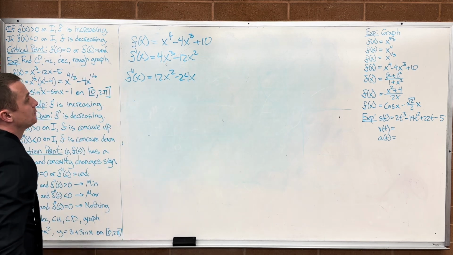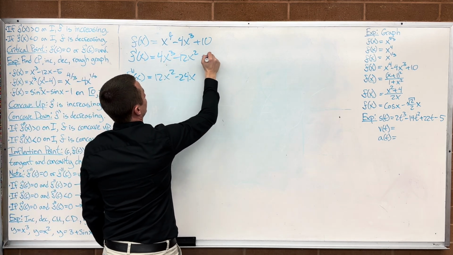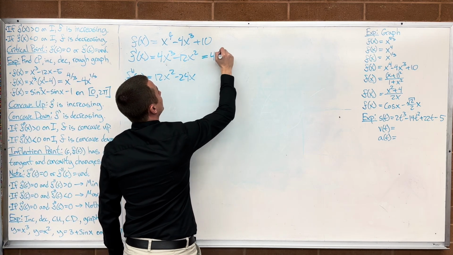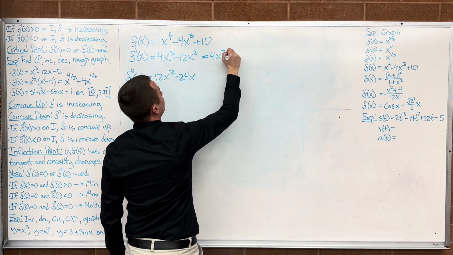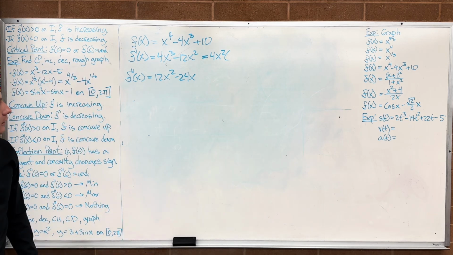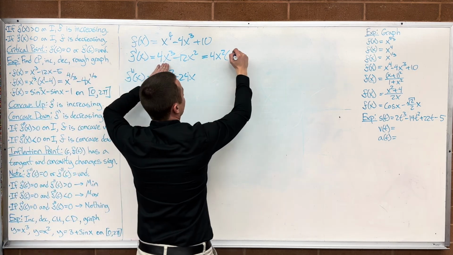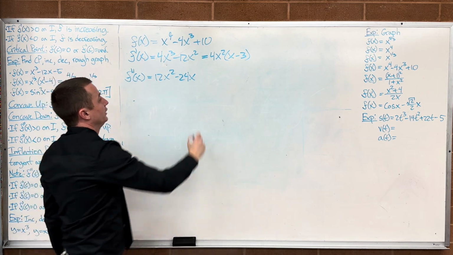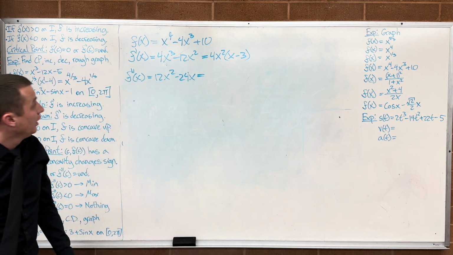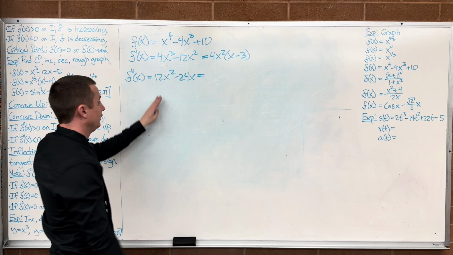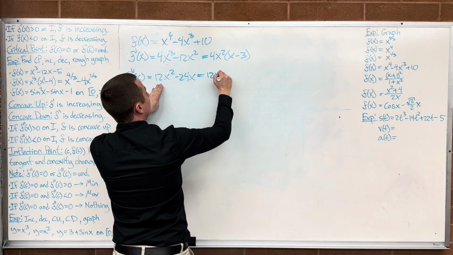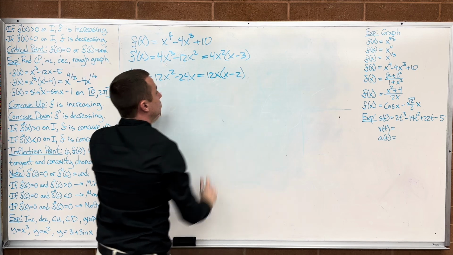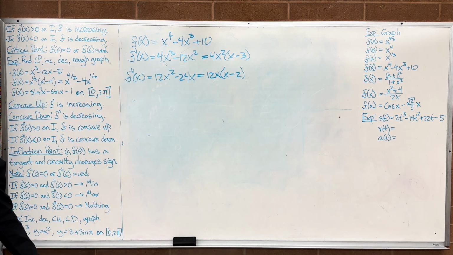Let's factor these really quick. I'm going to pull a 4x squared out of everything, and I'm left with an x minus 3. And for this one, pull the 12x out of everything, and I'm left with x minus 2.